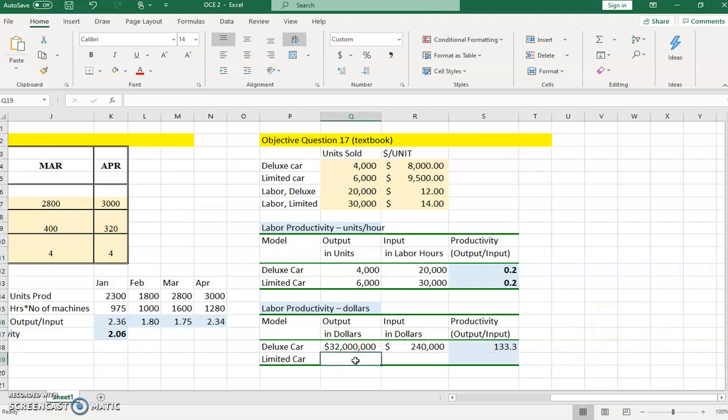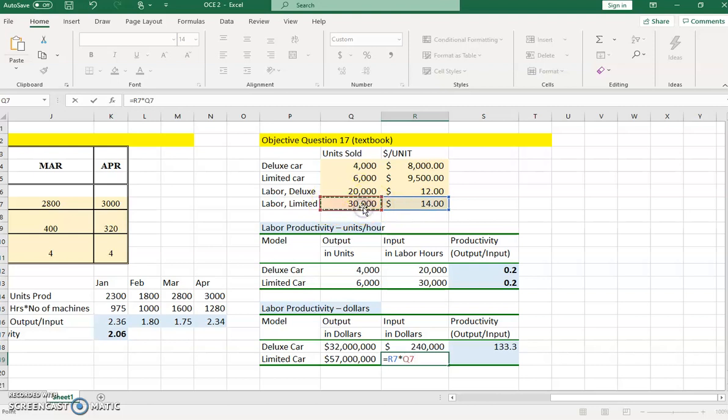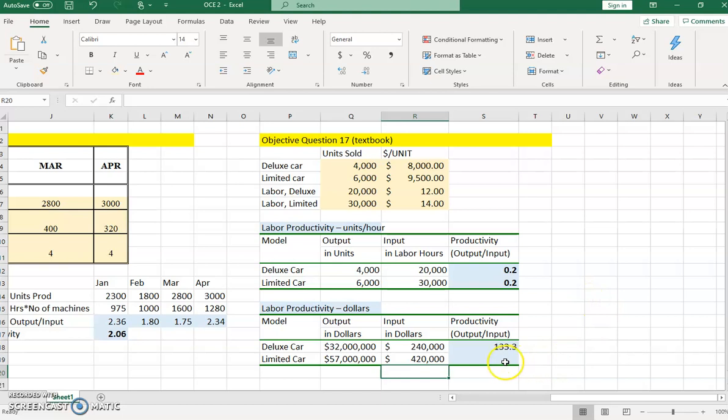For the limited car, the dollars per unit is 9,500 times 6,000 units sold, and that comes to $57 million. The input in labor would be $14 times the 30,000 laborers, and that comes to 420,000.